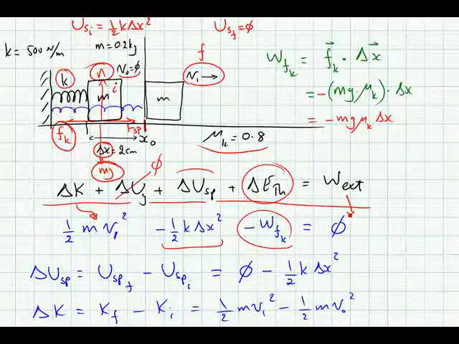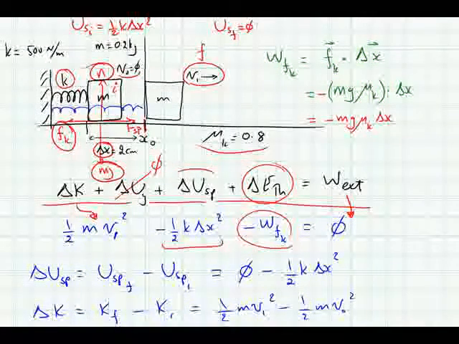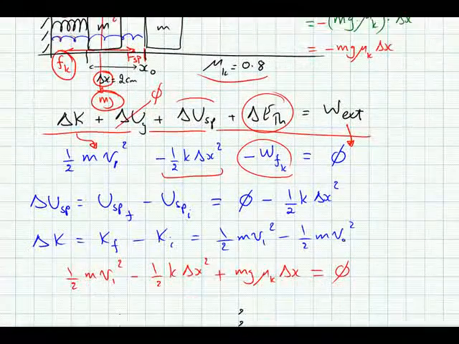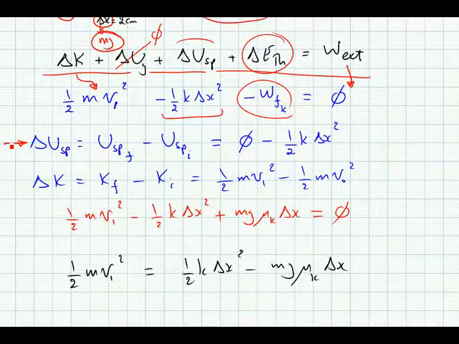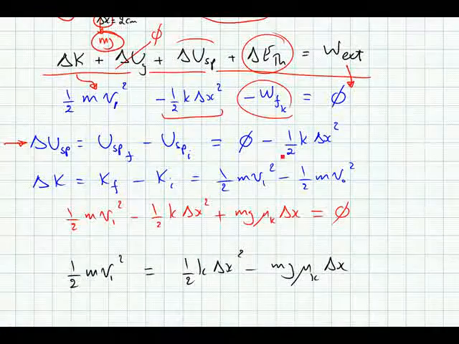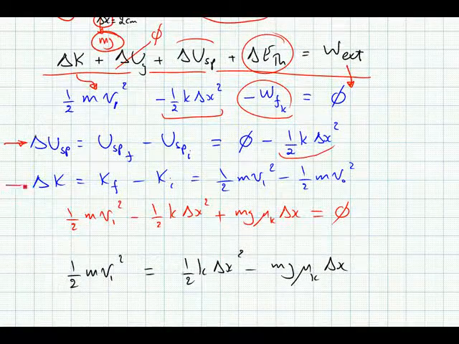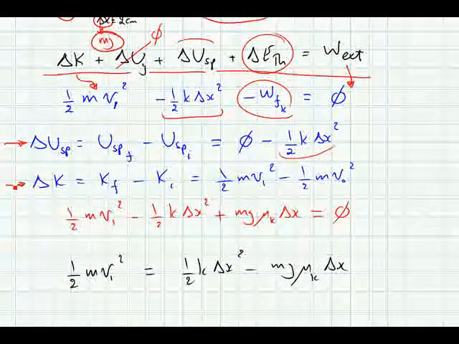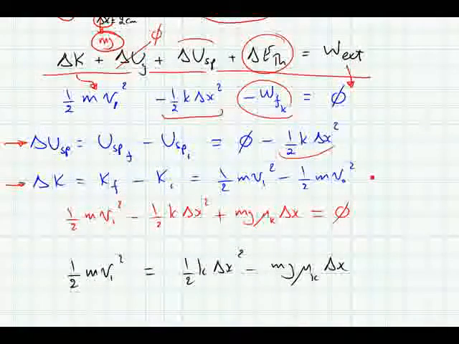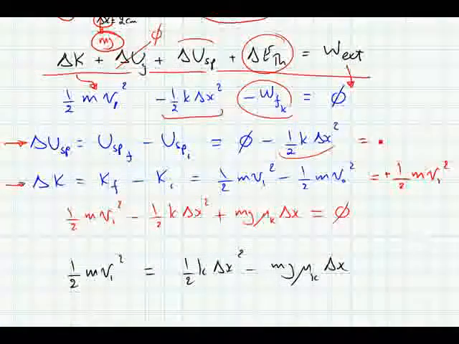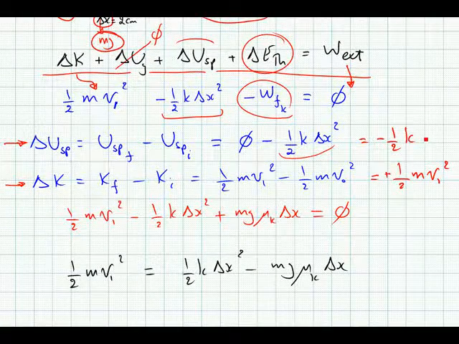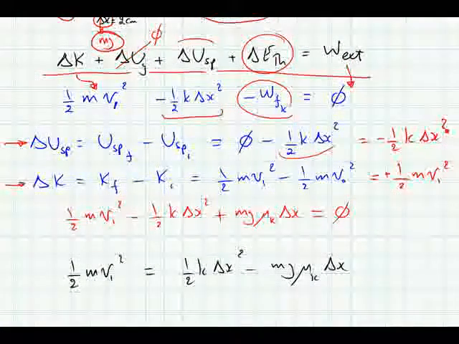So now what I have elaborated down here is why change in USP is minus 1/2 of k delta x squared, and why the change in kinetic energy is, I'm sorry, plus 1/2 of m v1 squared, and this is minus 1/2 of k delta x squared.